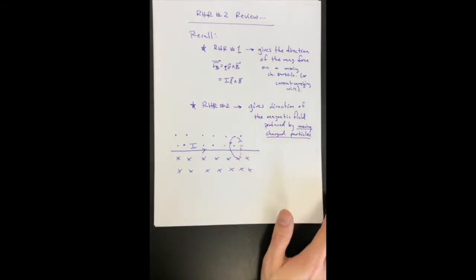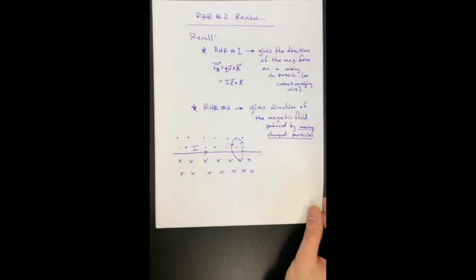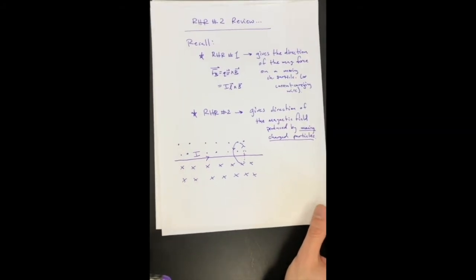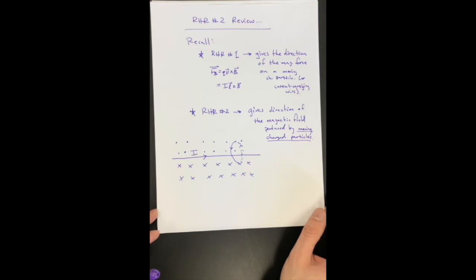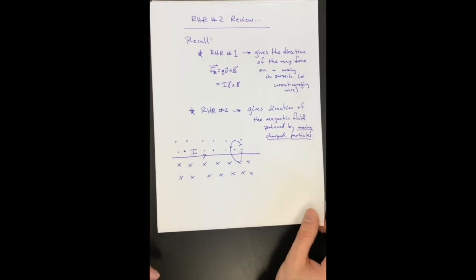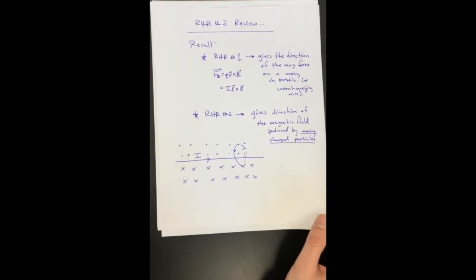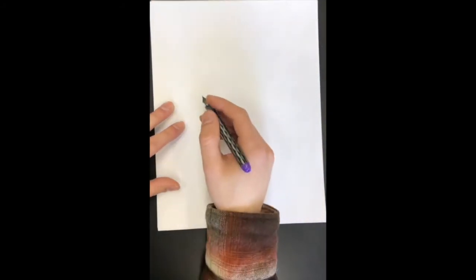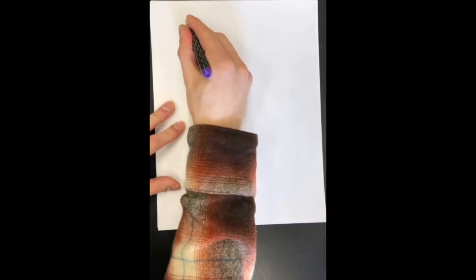Okay, to conclude this video, I want to just give some fundamental equations that we know for specific types of current-carrying wires. And so we can show that for really the long straight wire.